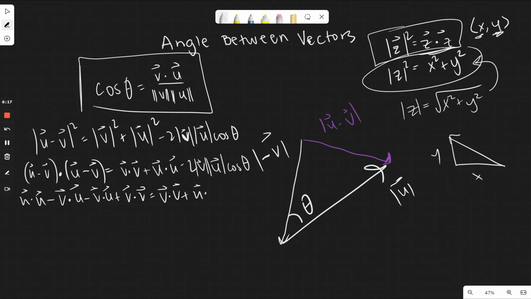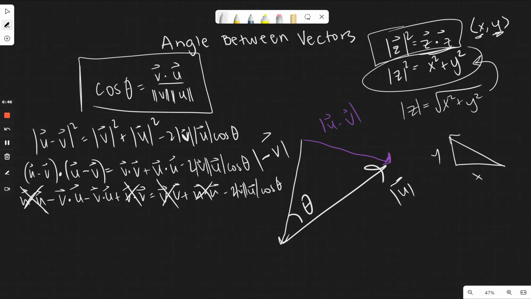Sorry you're having to watch me multiply all of this out. And there we go. Now you can see that U dot U and V dot V are on both sides of this equation, which is so nice because now we can just say bye-bye. My V's and U's look very similar, but that's a V, that's a U.